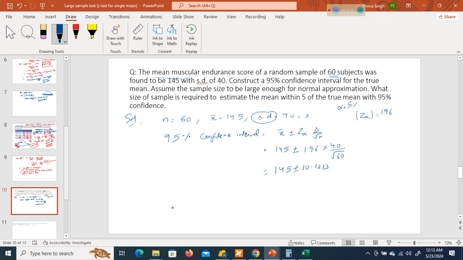If we add this, that gives us the upper limit, 155.1213, and if we subtract, then this is 134.8787. So approximately 134.88 to 155.12. This is the 95% confidence interval. This is the first part of the question.